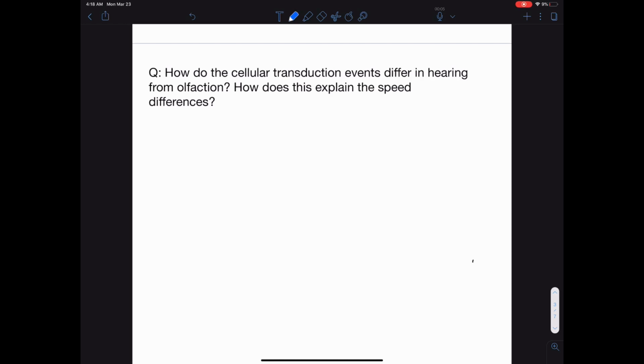Hopefully you all have had a chance to work that out on your own. I'm going to work this out really quickly. On this side I'm going to do olfaction, and I'm going to compare it on this side with hearing.